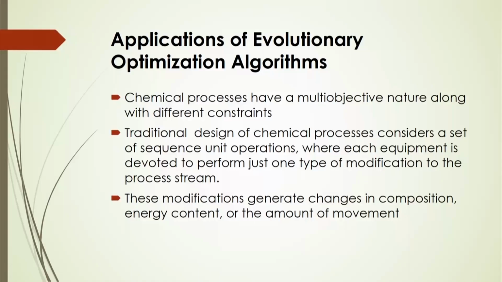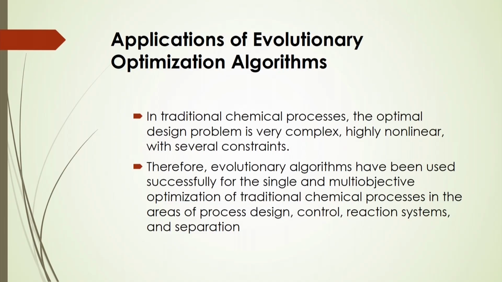And so, that is why we can say that chemical processes which have a multi objective nature along with different constraints can be evaluated by the evolutionary optimization algorithm.